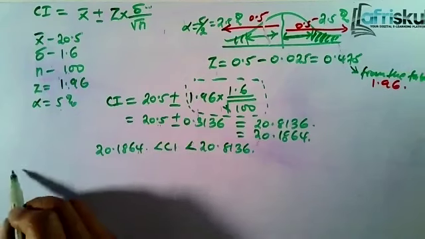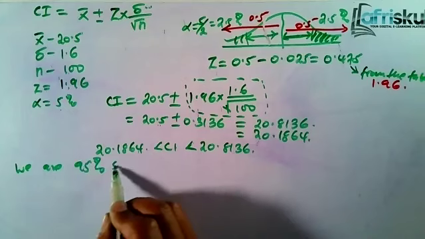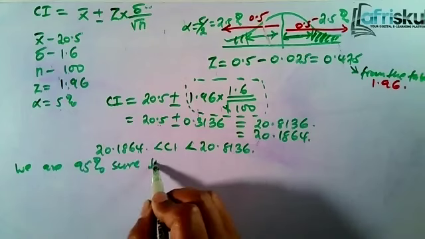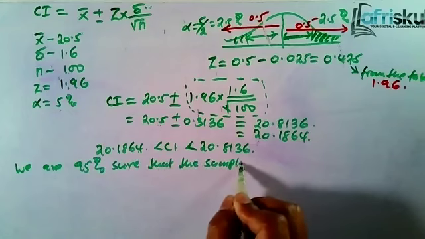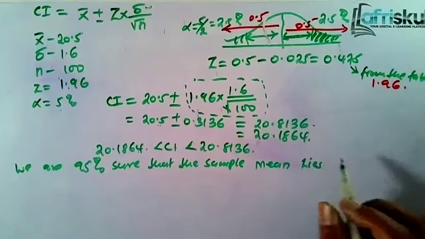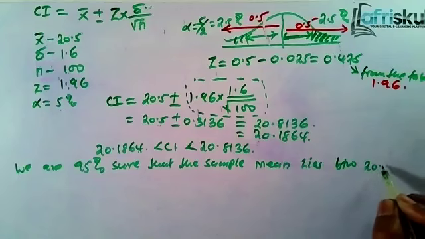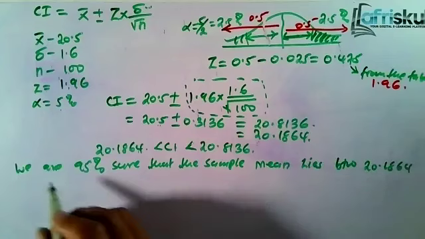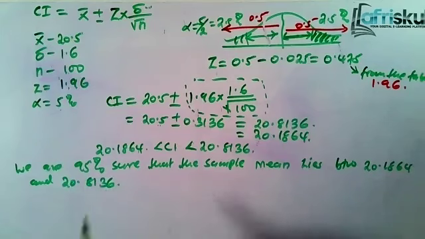So now you can comment that we are 95% sure that the sample mean rise between 20.1864 and 20.8136.